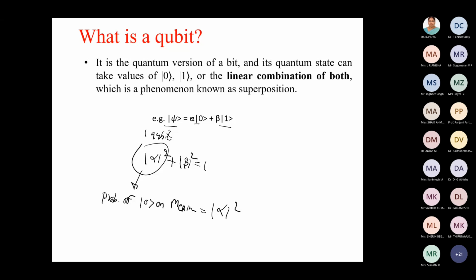Currently the qubit is a combination of both 0 and 1, but once we measure or observe this state psi, we get either 0 or 1. We cannot get both on measurement. What is the probability of measuring 0? That is |alpha|^2. What is the probability of measuring 1? |beta|^2. And this probability sum should be 1. Is this concept clear? If any doubt is there, then let's ask.